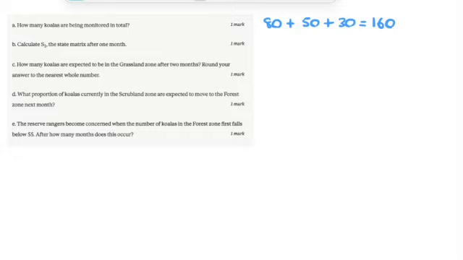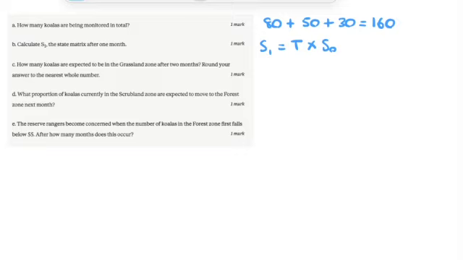Next, we want to calculate S1, the state matrix after 1 month. Well, to calculate S1, we need to do our transition matrix multiplied by S0. So we need to put that into our calculator.